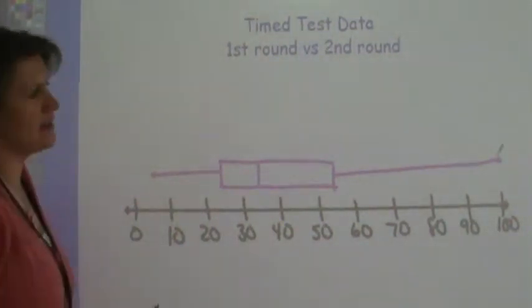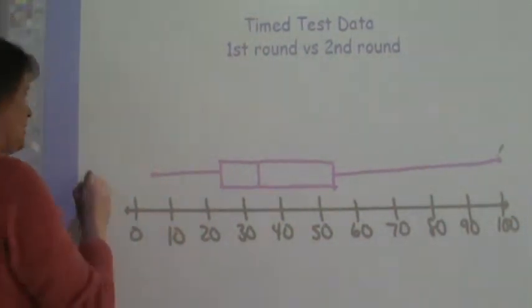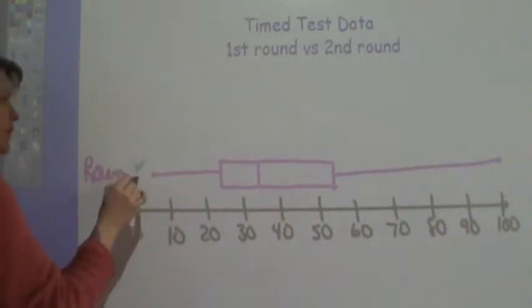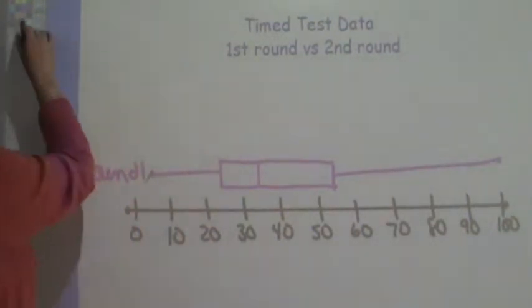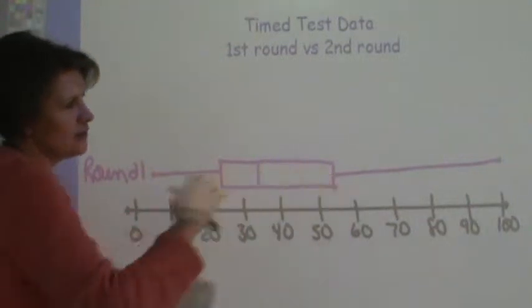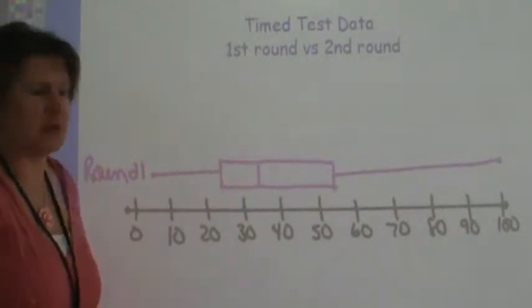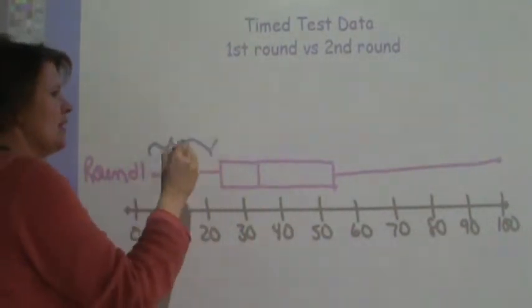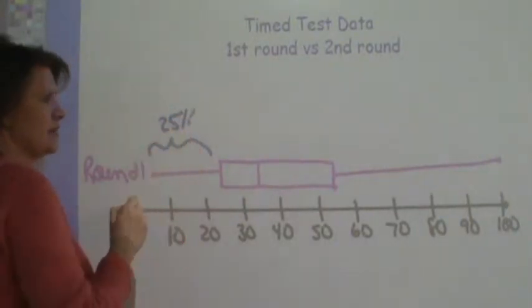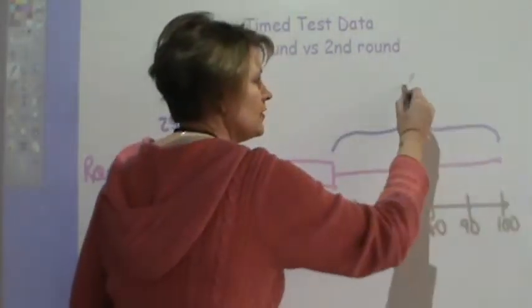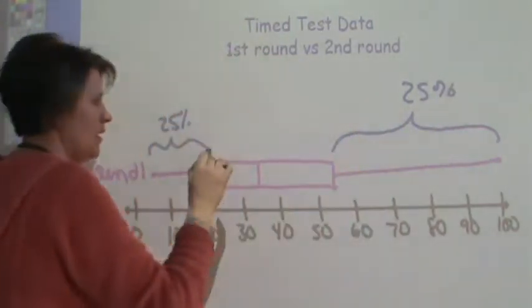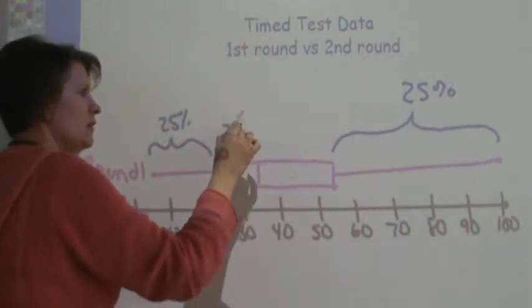Right now that doesn't mean much to you. I'm going to tell you this is round 1. What this does for us is break our data into percents. This is the lowest 25%, this is the highest 25%, and this is the middle.